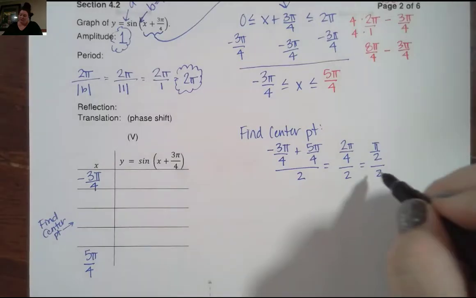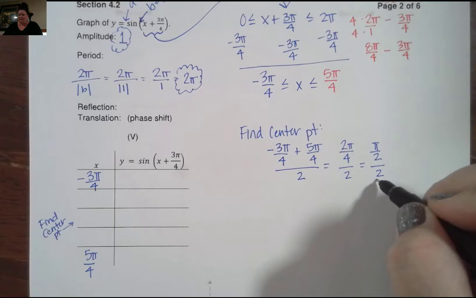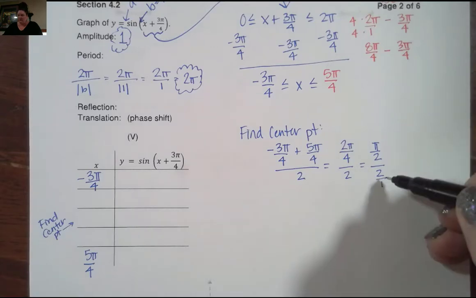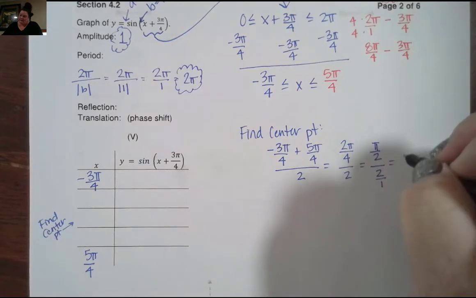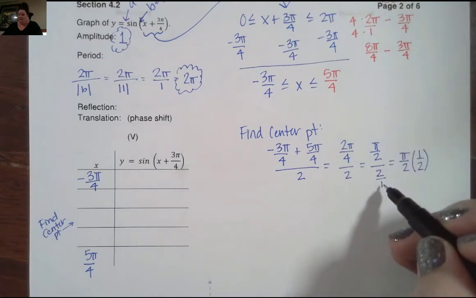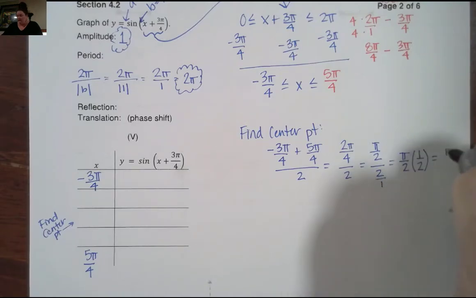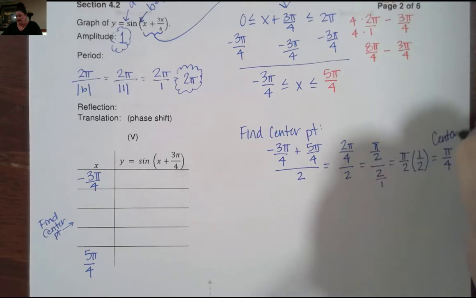And remember, when we have a complex fraction, that just represents division. So I'm going to write this as 2 over 1 so that I can flip and multiply. So this is the same as pi over 2 times 1/2, when I flip and do the reciprocal of the bottom. So that gives us pi over 4. So this is my center point.